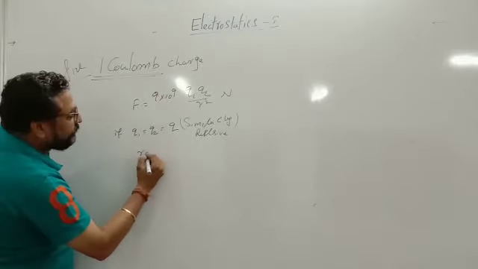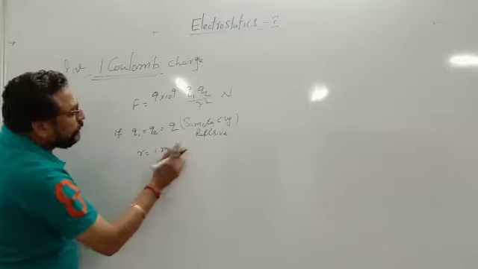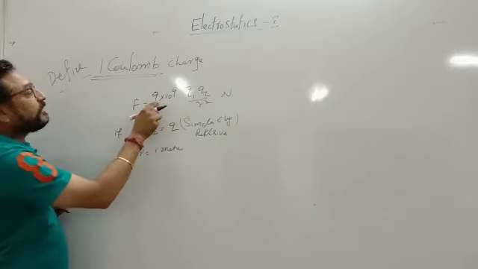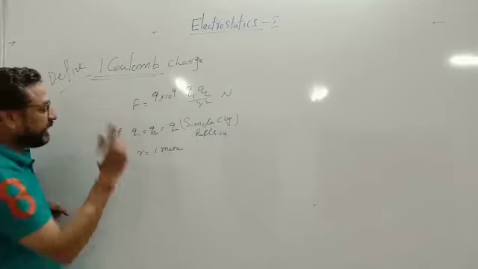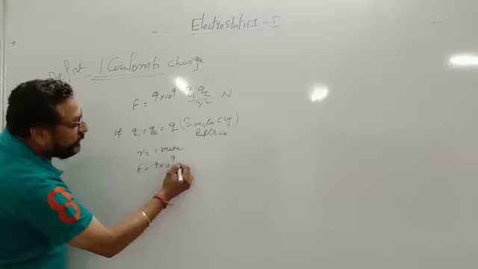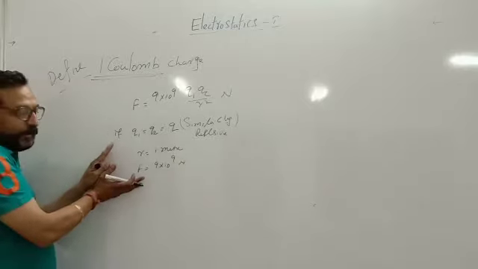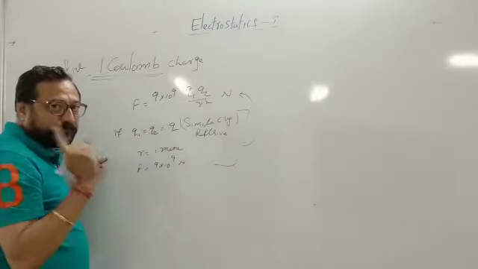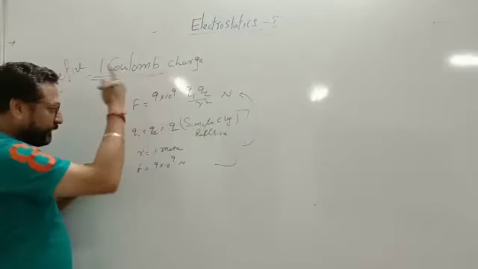And R is equal to 1 meter, and this is Q and this is 1 meter. Then F is 9 into 10 to the power of 9 Newton. All these values put in this formula, then you define what is 1 Coulomb right now.